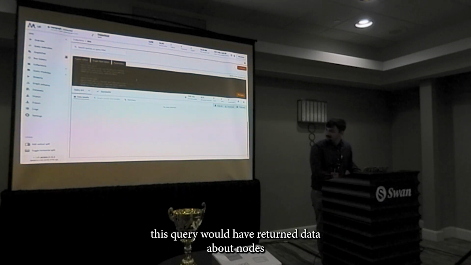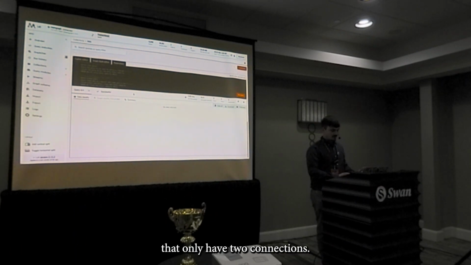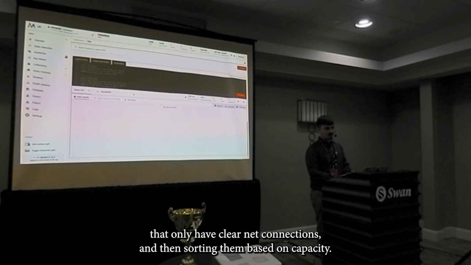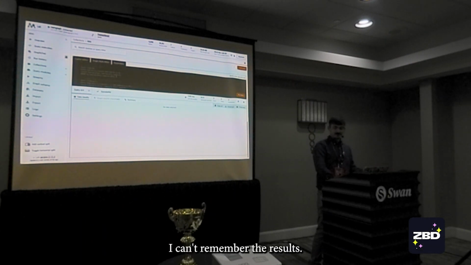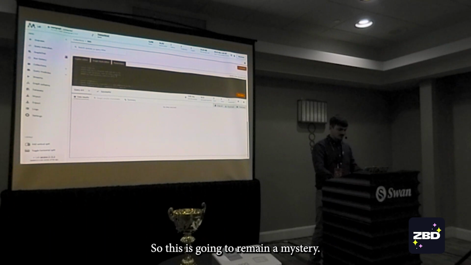Well, shoot. This query would have returned data about nodes that only have Tor connections, nodes that only have ClearNet connections, and then sorting them based on capacity. Can't remember the results, so this is going to remain a mystery.